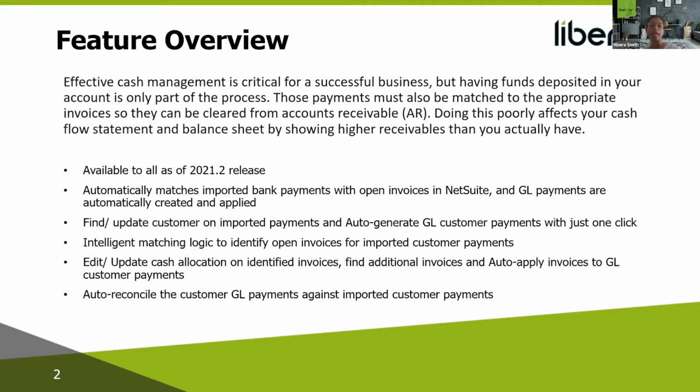When you use this feature, it automatically matches imported bank payments with open invoices in NetSuite. And once it performs the match, you can then submit it to create GL payments, which are automatically created and applied to the invoice, which means you can actually do it all in one screen. You don't need to move away from the screen to go and find the invoice or find the customer and then create a payment from there.